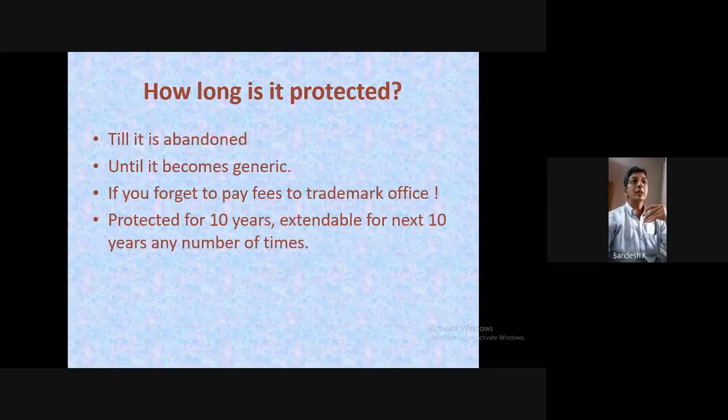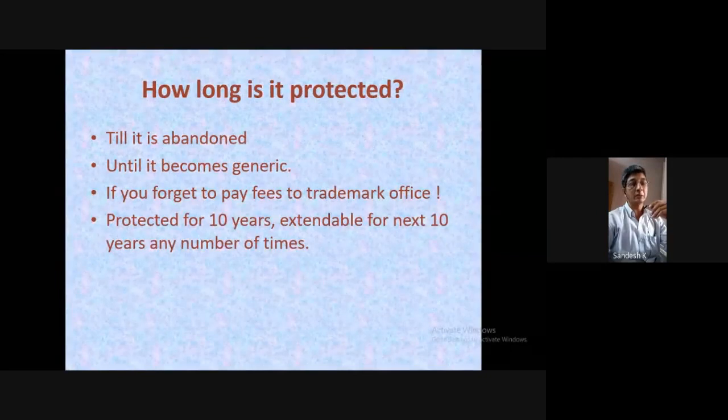Once the trademark becomes generic, it loses its value. It is a very bad position for the businessman whose trademark becomes generic. Sometimes we have seen the Colgate toothpaste. They call any toothpaste a Colgate.